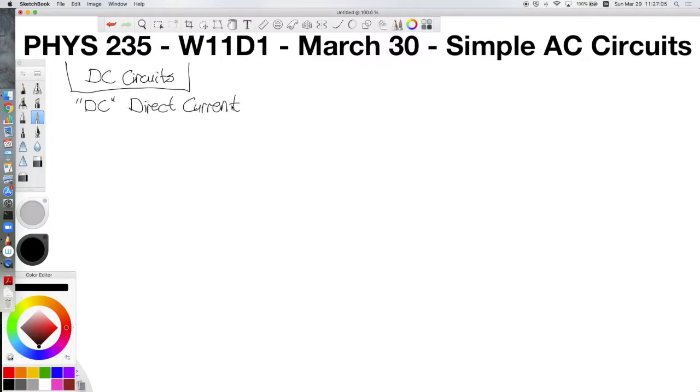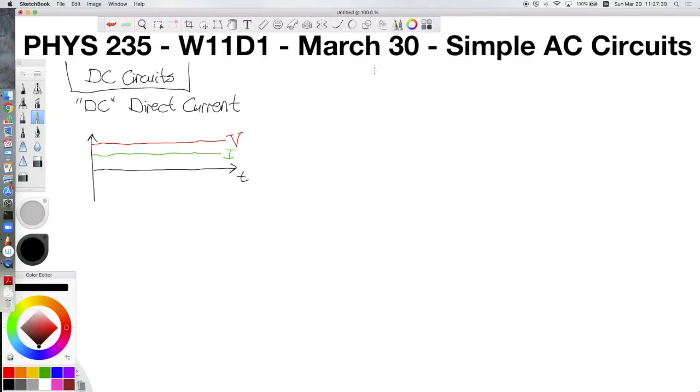And what this means is that the voltage applied to the circuit and the current flowing in the circuit are constant over time. So that might look something like this on a graph. So both the voltage and the current are constant over time. So these lines are intended to be straight.